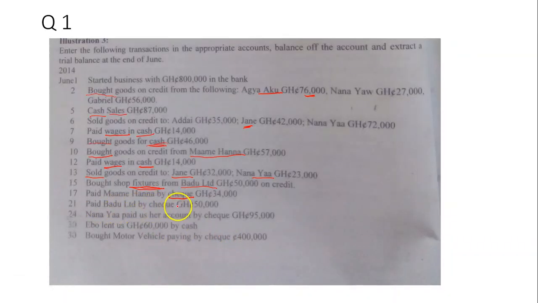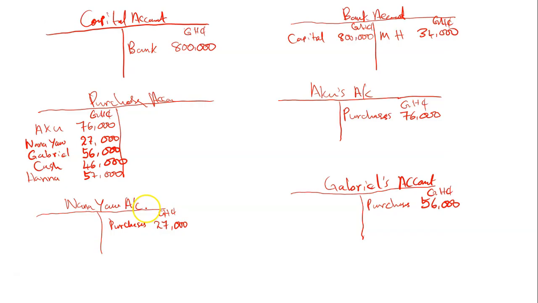Paid Bedu Limited by check, 50,000 Ghana cedis. So you are paying Bedu Limited by check. Since you are paying by check, your bank account will reduce by 50,000 Ghana cedis, and Bedu Limited's account will increase by 50,000 Ghana cedis. So for that matter, we credit bank account and then debit Bedu Limited's account.